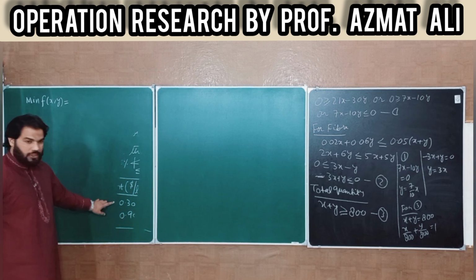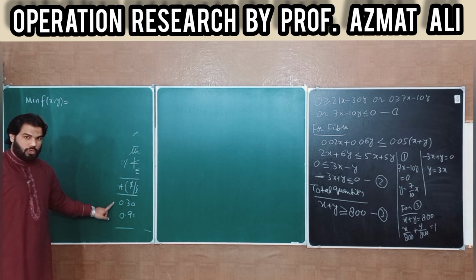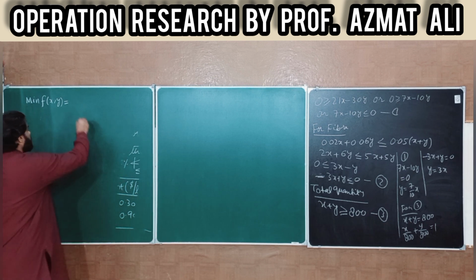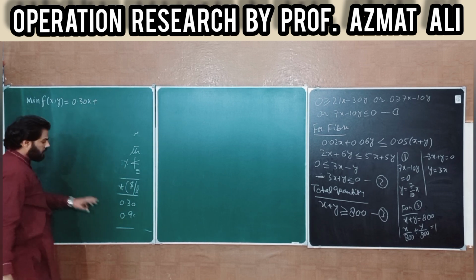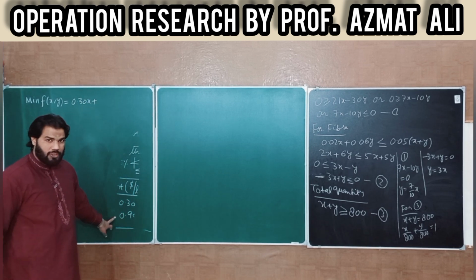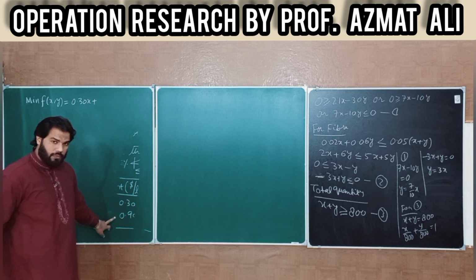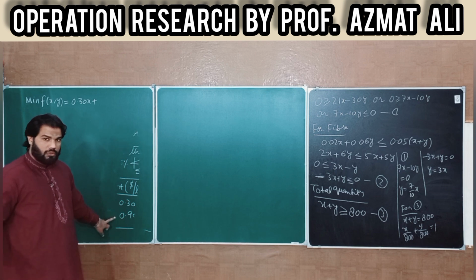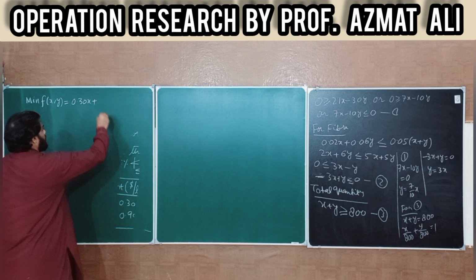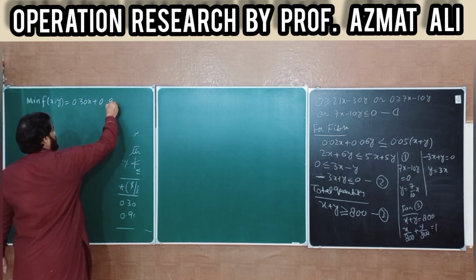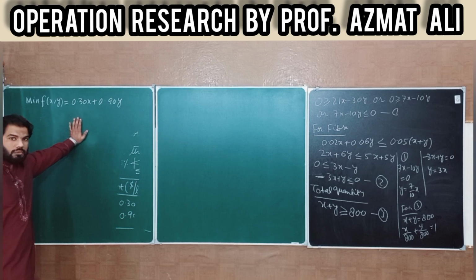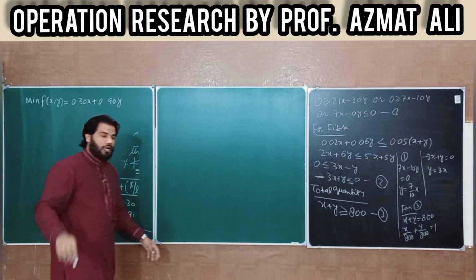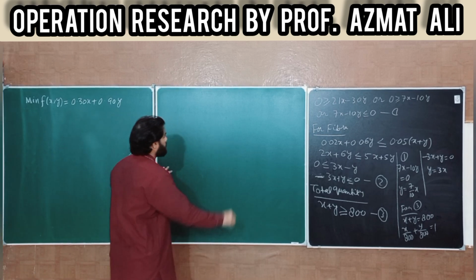We are making x units of corn, so the total cost will be 0.30x plus, second is soybean, and there are y units of soybean, so the total cost will be 0.90y. This is our objective function that we have to minimize. Next we draw a graph of these three inequalities.